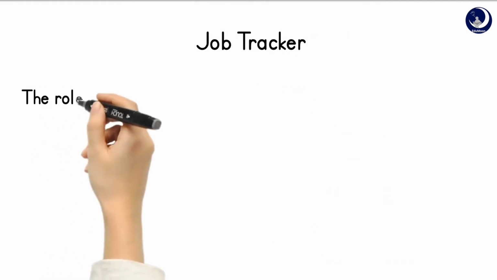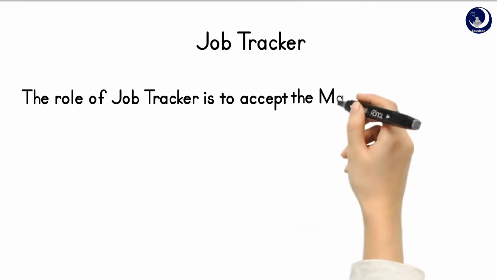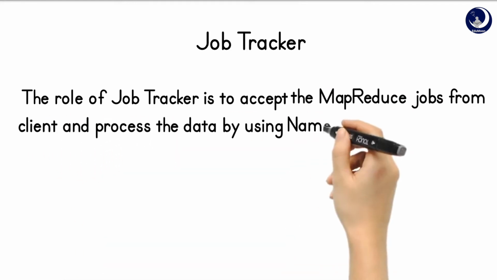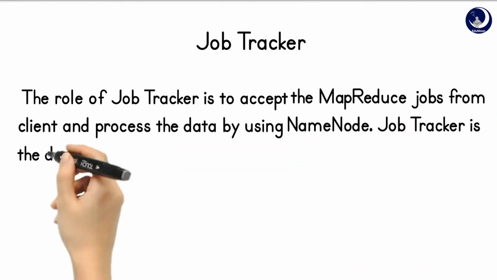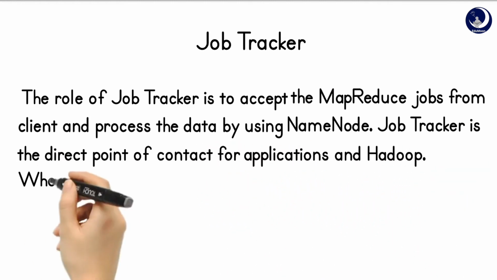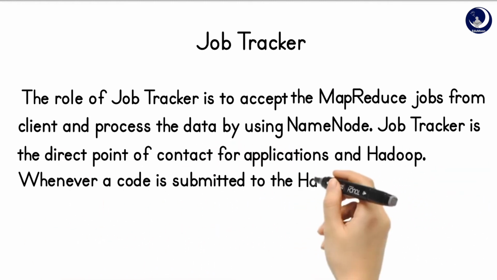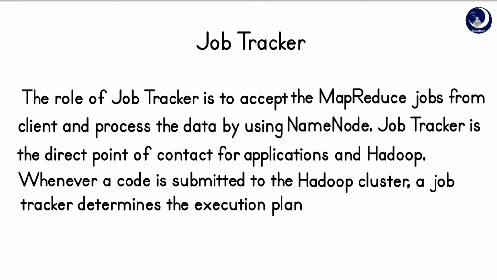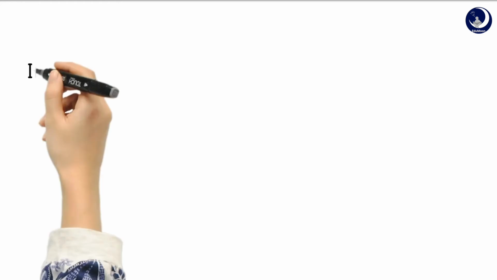The role of the job tracker is to accept the MapReduce jobs from the client and process the data by using the name node. Job tracker is the direct point of contact between applications and Hadoop. Whenever code is submitted to the Hadoop cluster, the job tracker determines the execution plan.